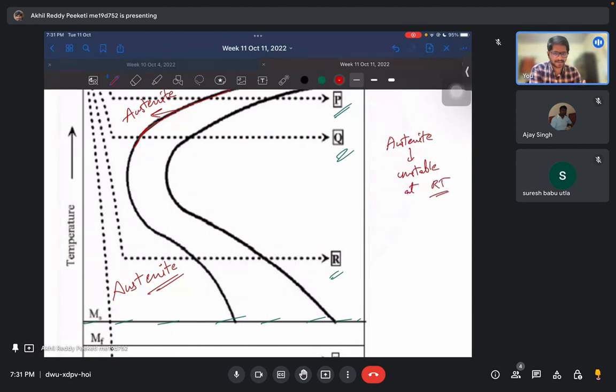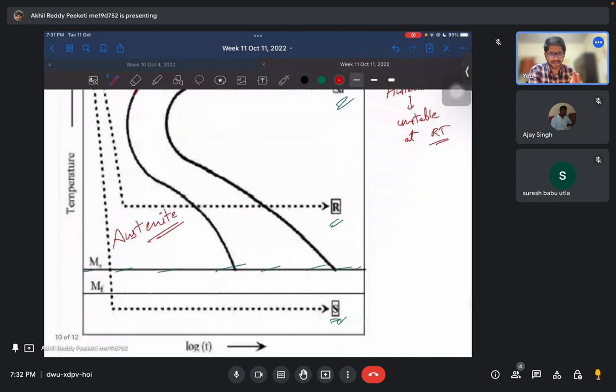So whatever austenite is present, as you cool down below this temperature to room temperature, austenite will always turn to martensite. Here you are always in the austenite state and then come directly to the martensite state. So this would be martensite.